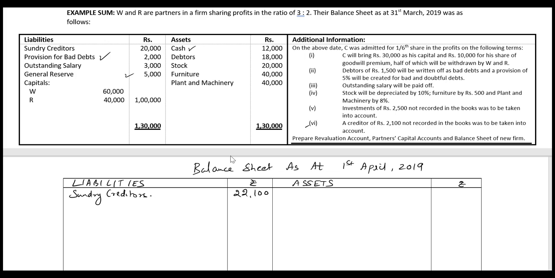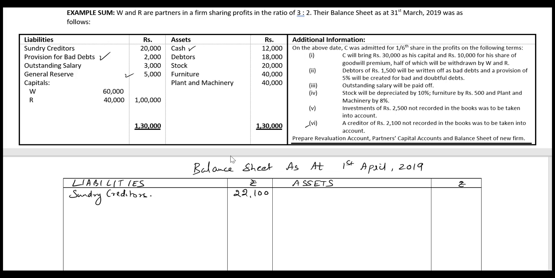We'll deal with the provision for bad debts on the asset side of the balance sheet. Outstanding salaries is paid off, so that will not appear. General reserve has been distributed, so that also will not appear.